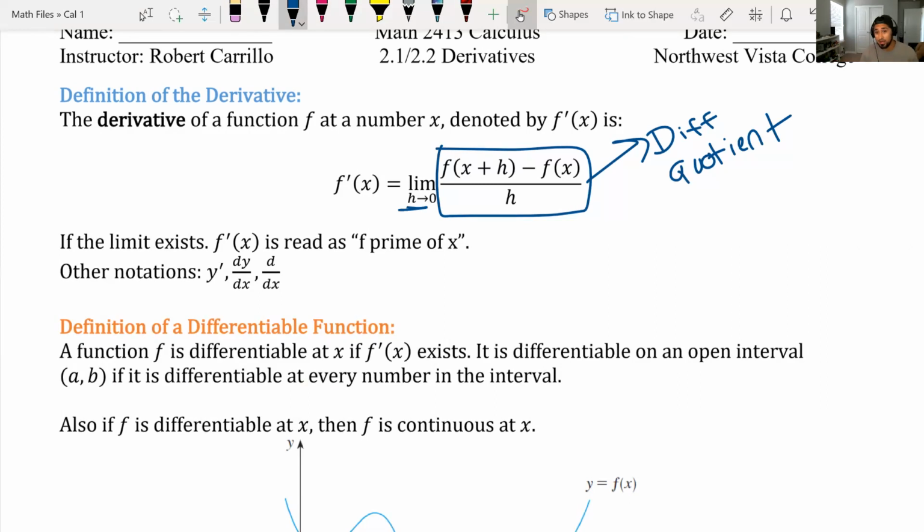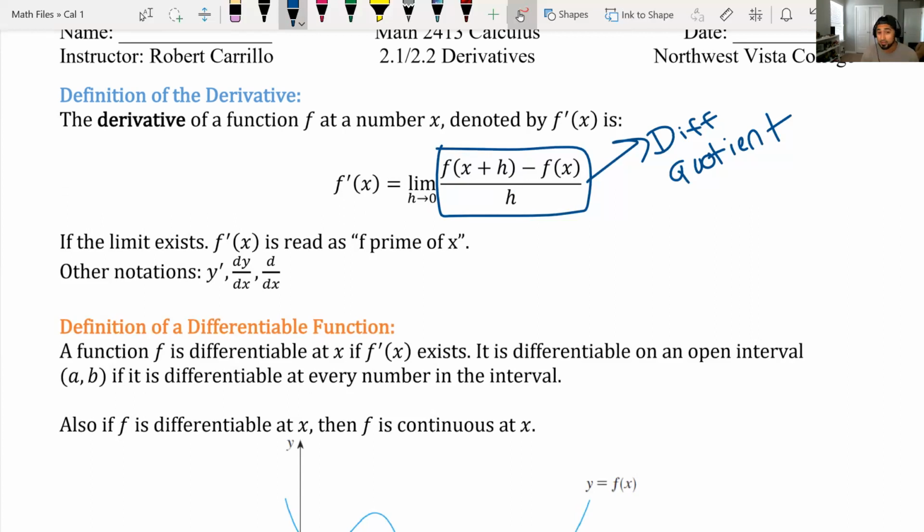The one thing we haven't done is, well, actually we have based on some examples in 1.4, right? Is plug in 0 for h. So our whole goal is to get rid of this h so we can plug in that 0. That's it, right? That's what we want to do. All right. And this happens if the limit exists.